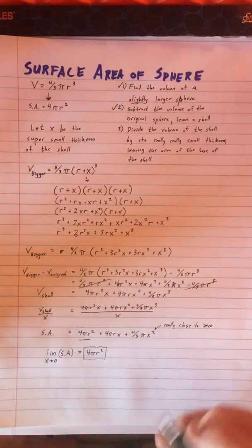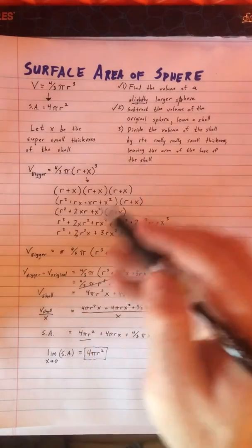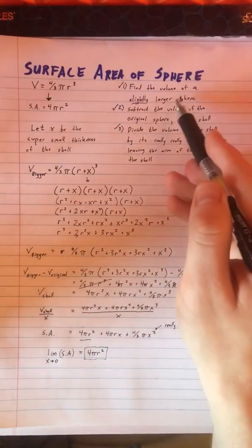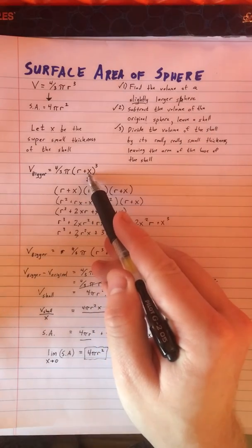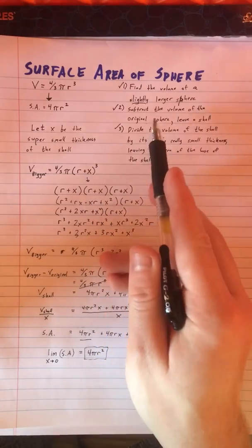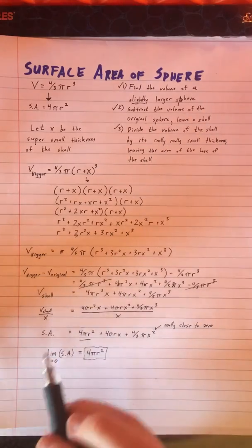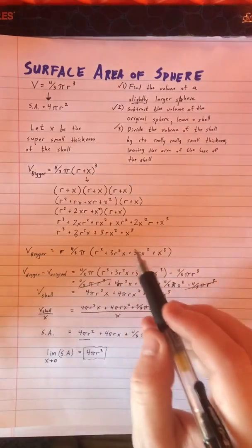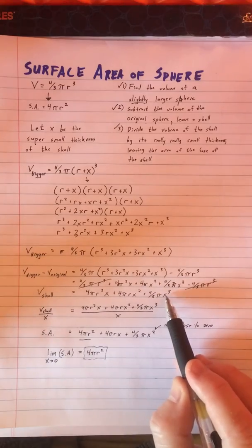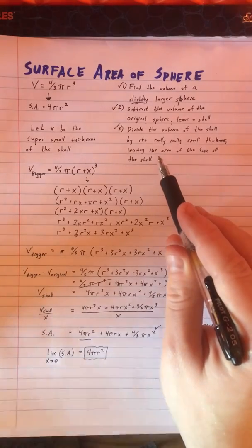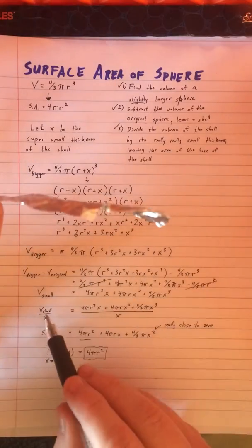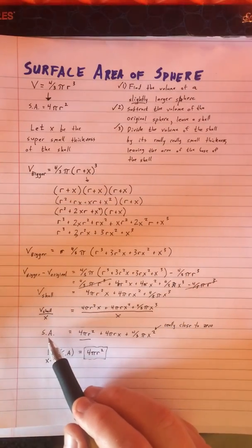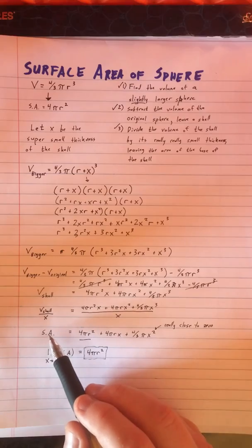So in conclusion, we first found the volume of a slightly bigger sphere, whose radius was bigger by a value of x. We then subtracted the volume of the original sphere from the bigger one, leaving only the volume of the shell. Finally, we took that shell and we divided it by its really tiny thickness to leave just the area of the base of that shell, which is the surface area of the sphere.